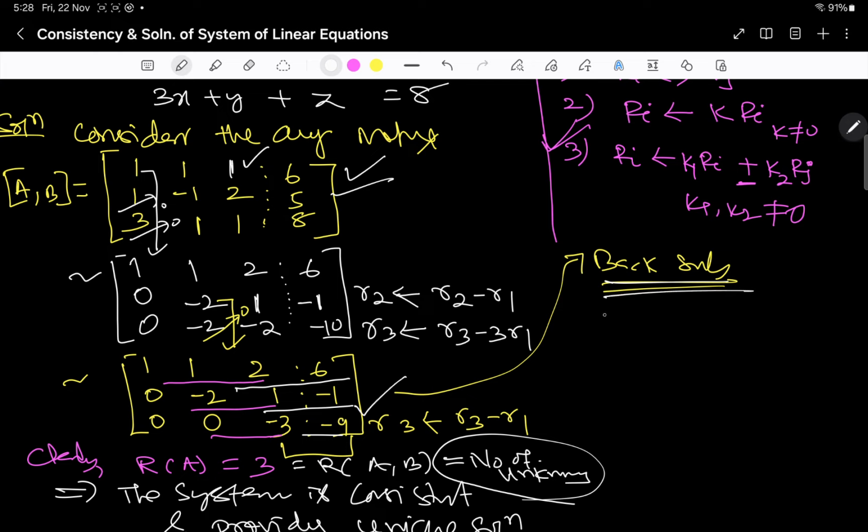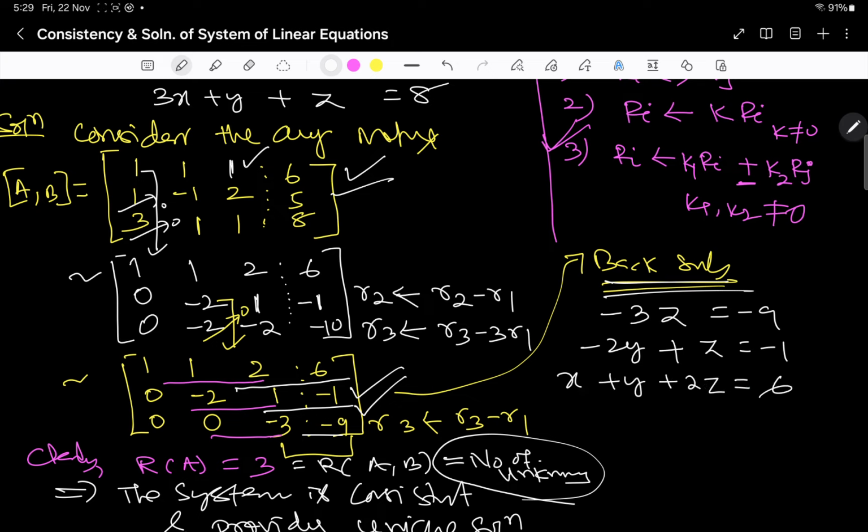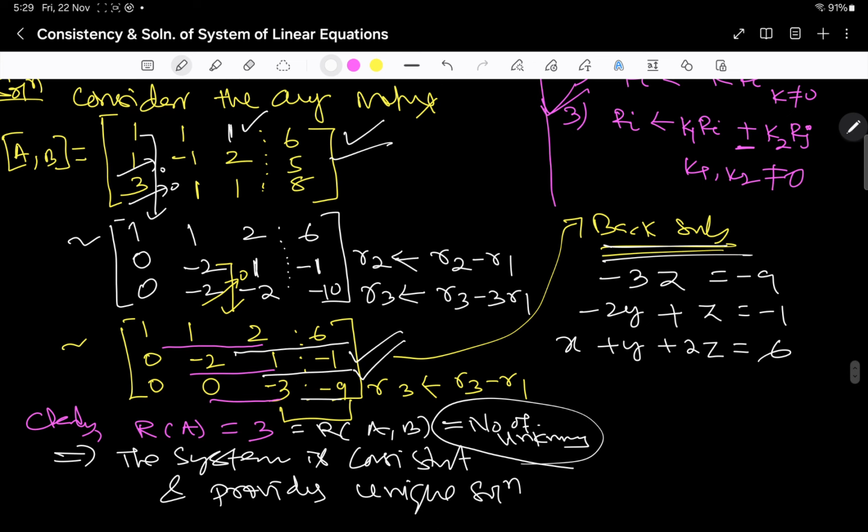We write the last row here, minus 3z is equal to minus 9, and coming to the middle row here, minus 2y plus z is equal to minus 1. Then first row is x plus y plus 2z is equal to 6. So if you solve it, here z is equal to 3.